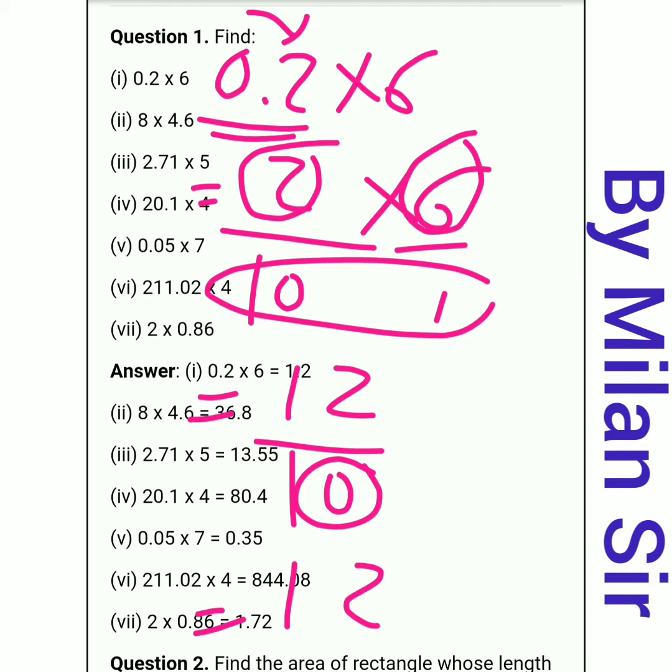Before 2 we put the decimal point: 1.2. This is our final answer. So first, convert the decimal number into a fraction, 2 by 10, then multiply numerator versus numerator and denominator versus denominator. After that, convert the number back into a decimal. This is one way.